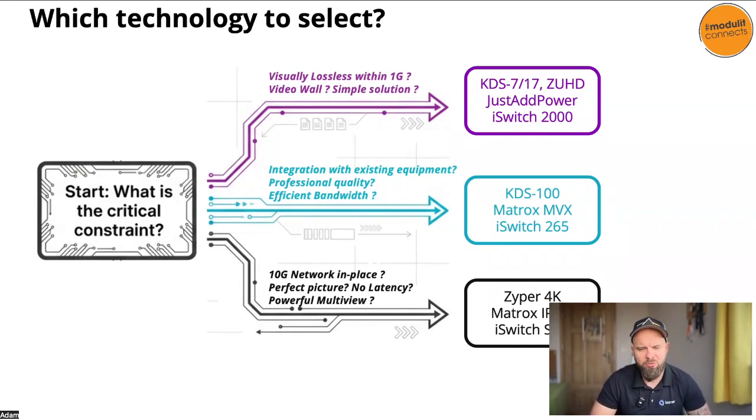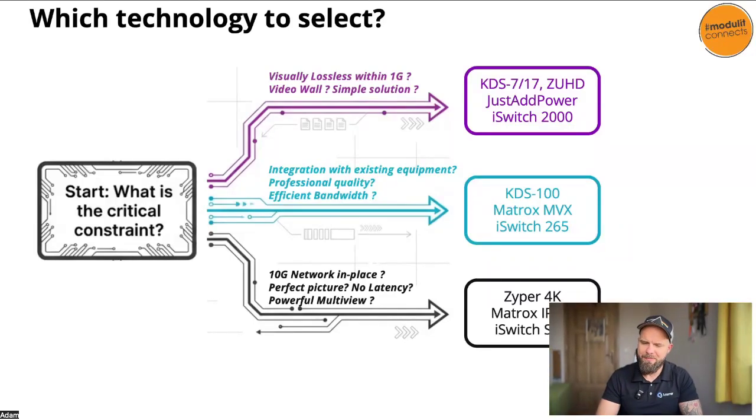But what will be the answer to another question? Do you need integration with existing equipment like cameras? Do you need very professional quality and flexibility in terms of connections? Do you need to be efficient in terms of bandwidth usage? If yes, you should go with H.264/265 solutions: KDS 100, Matrox MEVEX, or iSwitch 265 from Infobit.